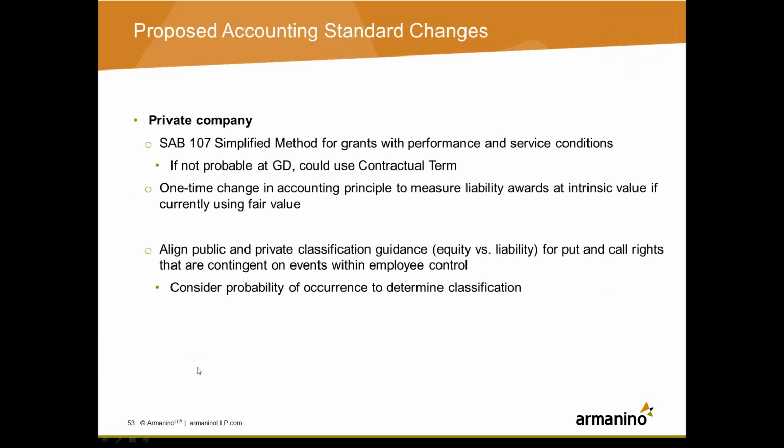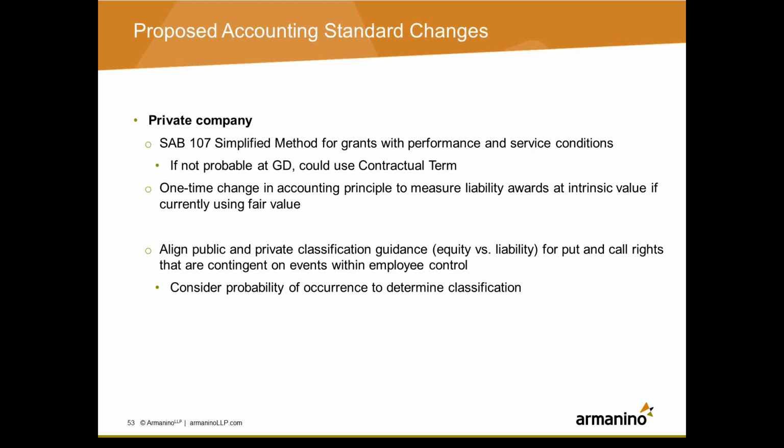So we're going to go quickly through some updates that the FASB is working on with the Private Company Council. For those of you that don't know, the Private Company Council is a committee that the FASB established to try and simplify standards for private companies. One of the things on the table right now is simplifying the expected term calculation for grants that have performance and service conditions.